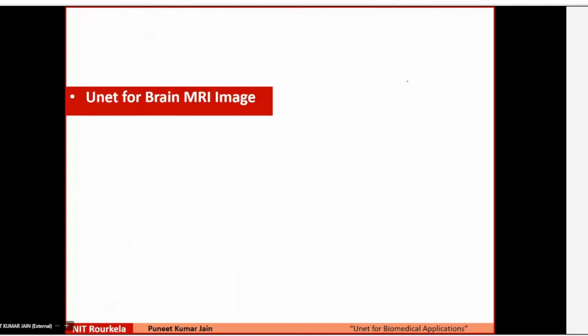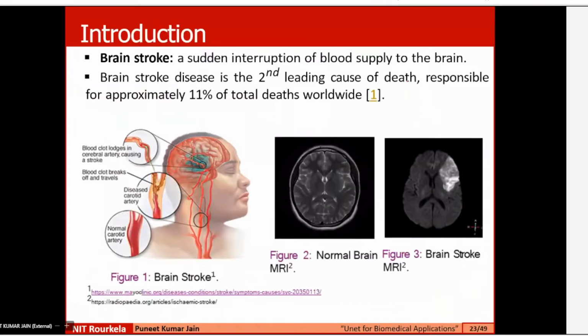So let us discuss the brain MRI image now. Let me discuss a little bit about brain stroke and how we get the intrinsic information about the brain analysis. Brain stroke is a cerebrovascular disease where the cerebral vessels get blocked, and due to that, the blood supply to the brain gets interrupted.